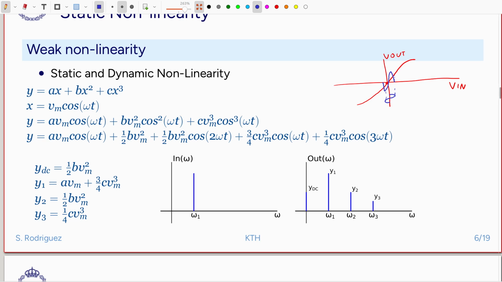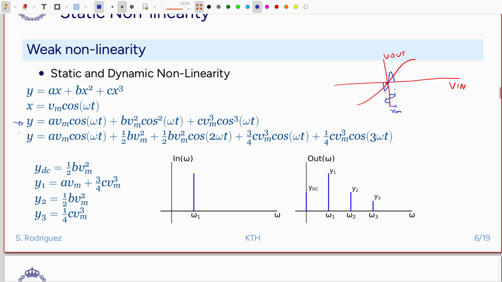They are going to produce this kind of output that is going to be nonlinear, and if we introduce this amplitude as Vm, at the output we will have the following expression, which depends on all the coefficients of the polynomial.